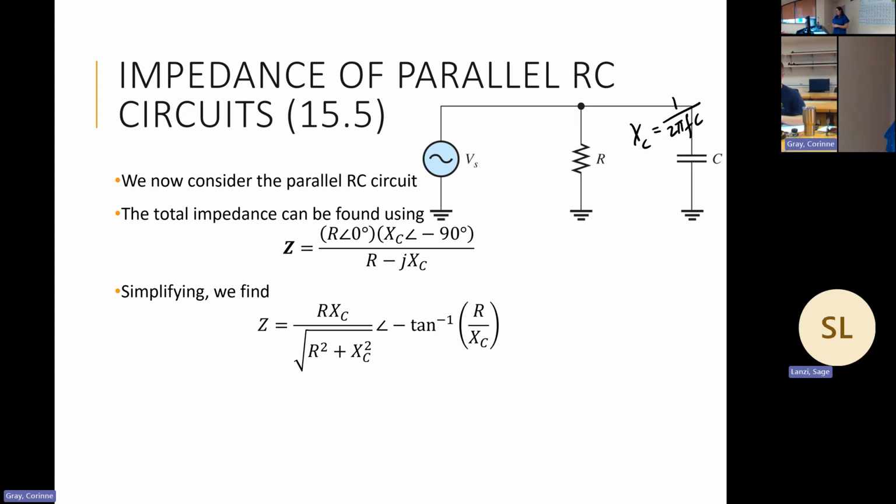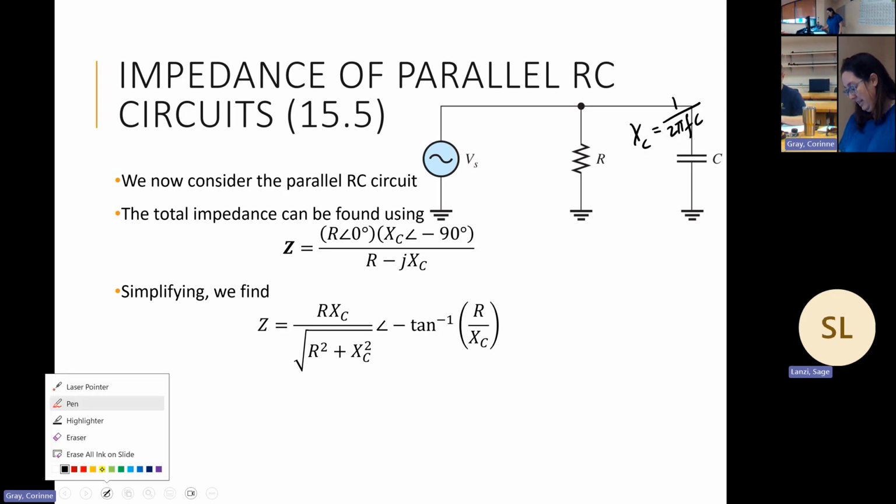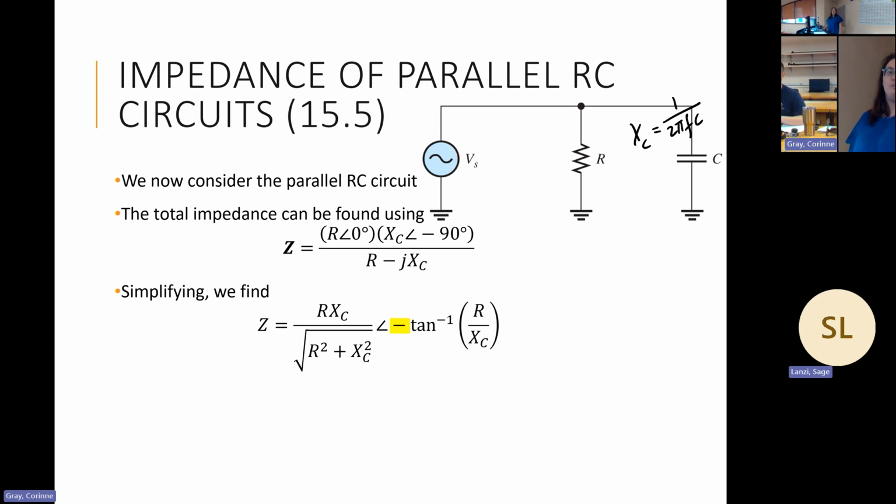So here for the magnitude, it's going to be R times XC divided by the two magnitudes squared and added together, then square rooted. And then the angle, and this is something that we need to be aware of, is this negative sign here. As somebody who drops it rather frequently, we do need to remember that this exists.